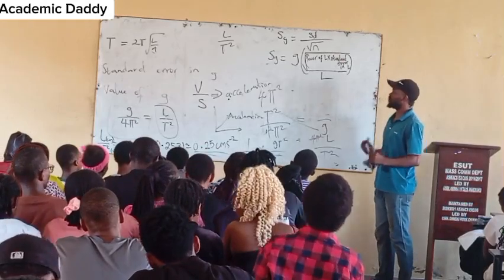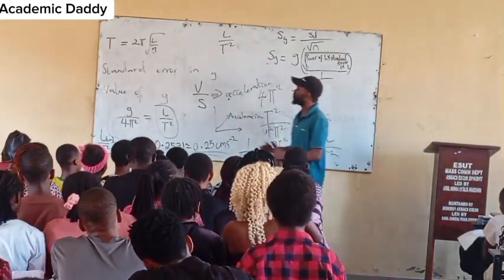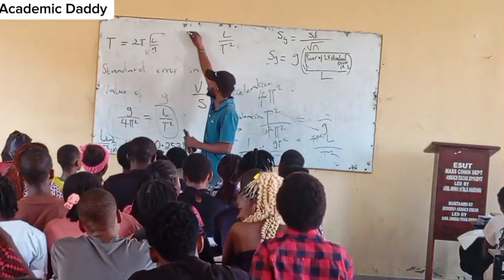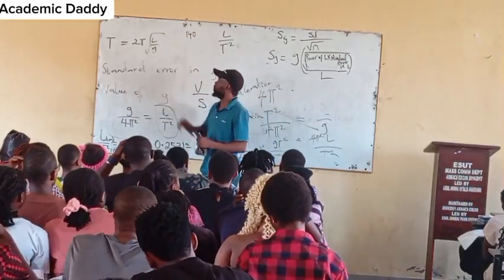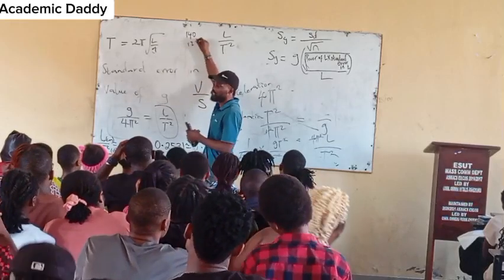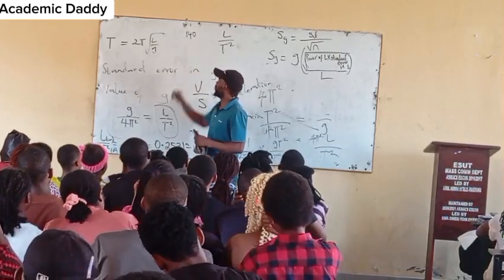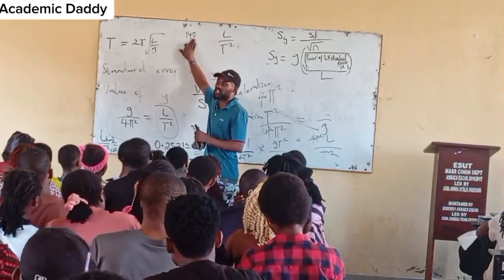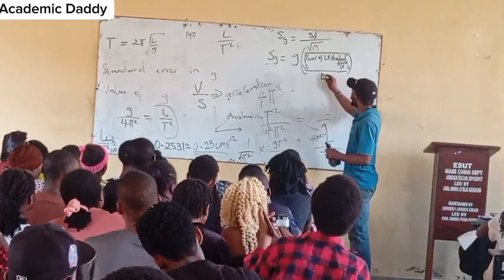Now what is L? I'll just check the highest value of L, which is 140. Another person can choose to use any of those values, maybe 120. This 140 is the highest, so I'll use L equals 140.